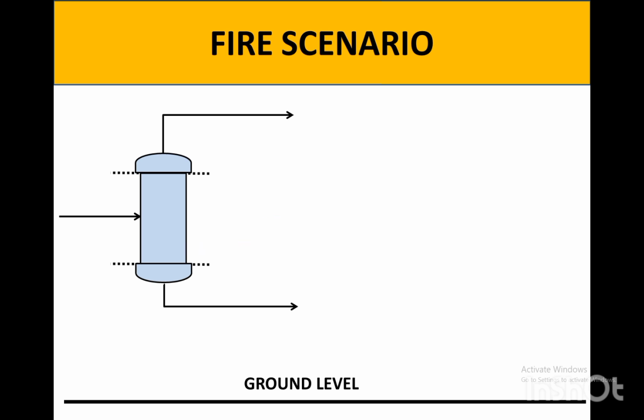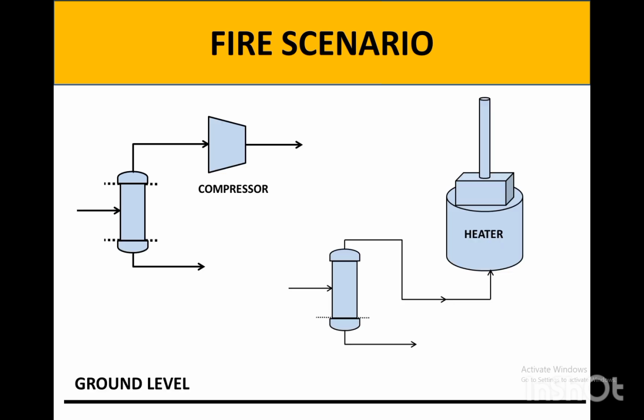For example, within this figure we have a vessel that serves as a compressor suction drum. As you know, compressor feed is essentially gas, and this vessel contains no liquid, so it is considered an unwetted fire scenario. The second example is when our vessel serves as a heater.